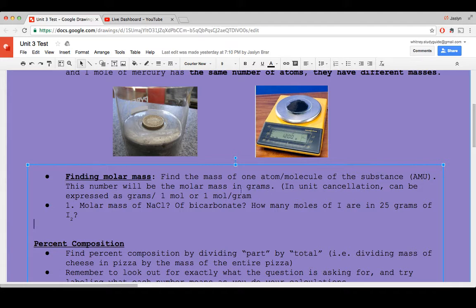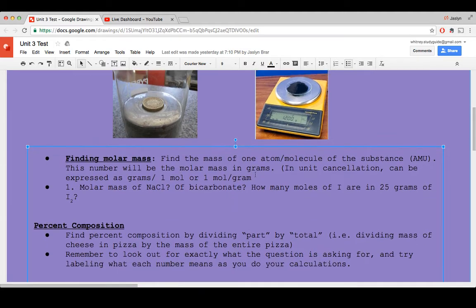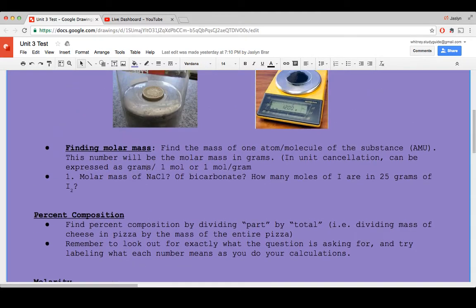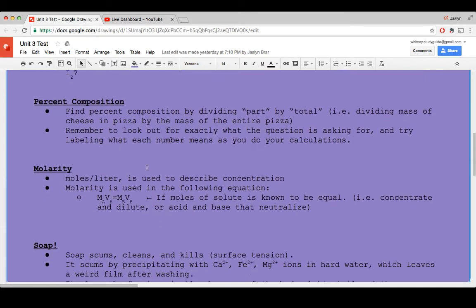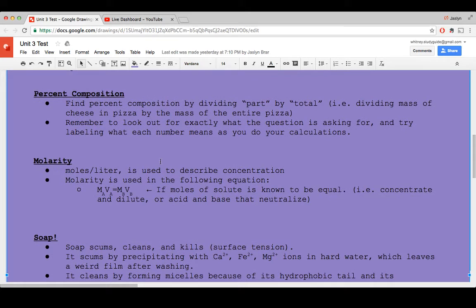So then this will be the molar mass in grams. It'll be how many grams of that substance you need to achieve that number of atoms. So I have an example problem right here, and we'll get back to that when more people are watching. But next up is percent composition.